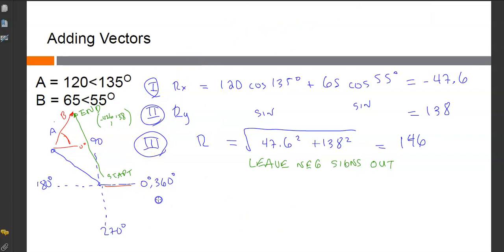Step 4 was to get the angle, and here's where that new name phi comes in. If I do the arctangent of the second answer, the y component 138 over the x component 47.6, then I'll get that measurement.